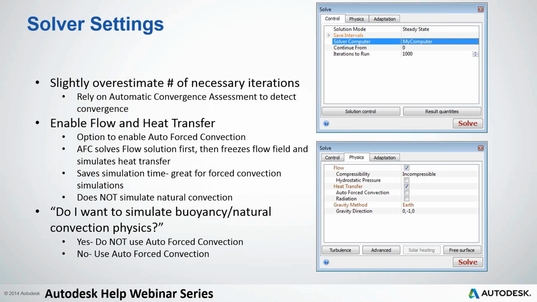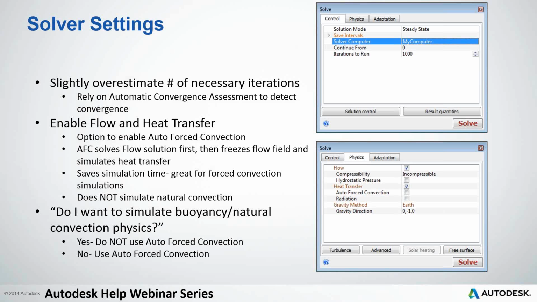Then it'll freeze the flow field, so you're not solving for flow anymore, and it'll solve the heat transfer side of the analysis. This is faster than doing both at once, and it's really good if you want to rely on that to get faster answers.